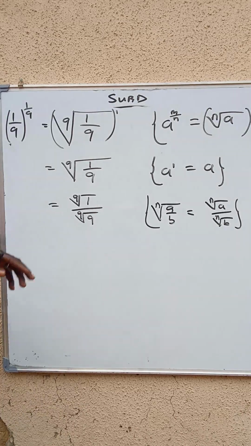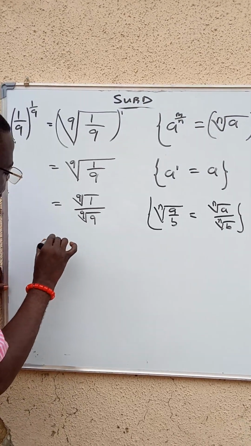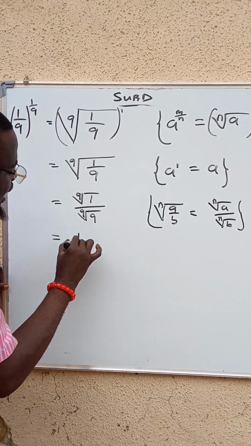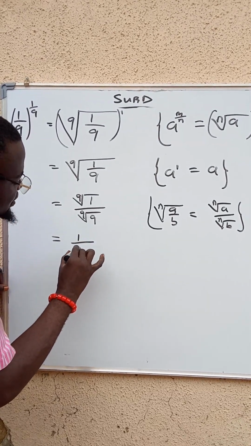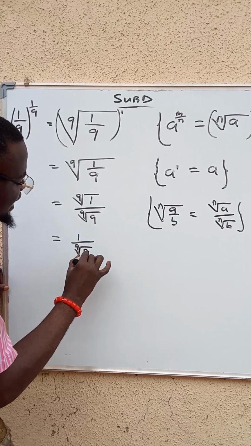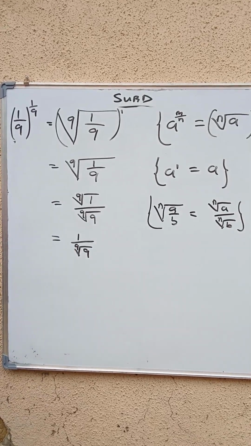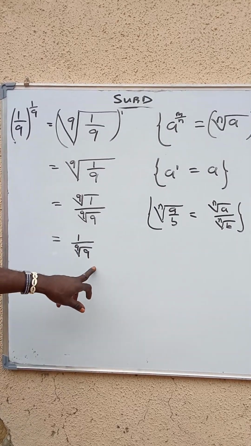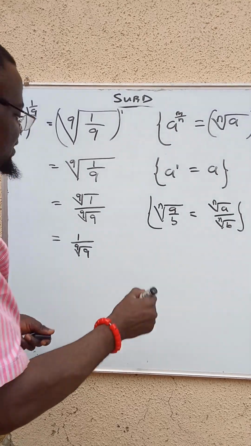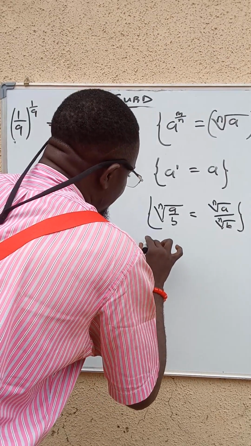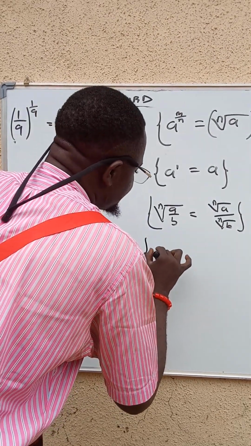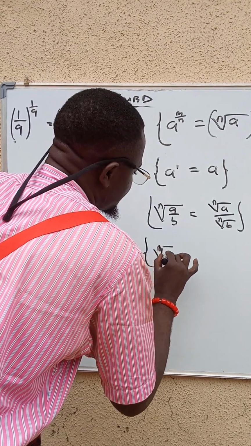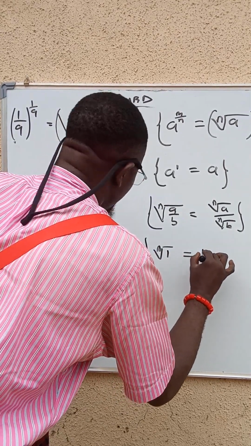Good. Now what will I do from here? You all know that what I'll do from here is what? 1 over the 9th root of 9. Yes, 1 over the 9th root of 9. Because we said that the nth root of 1 is what? 1.